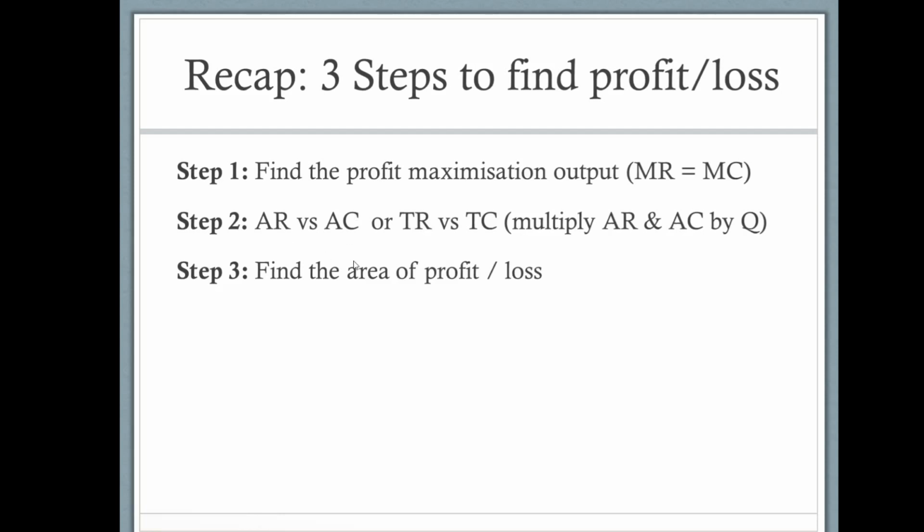They will give you the same answer. If you are able to find out which one is bigger, then you will be able to perform step three, which is finding the area of profit or loss. So, three steps.